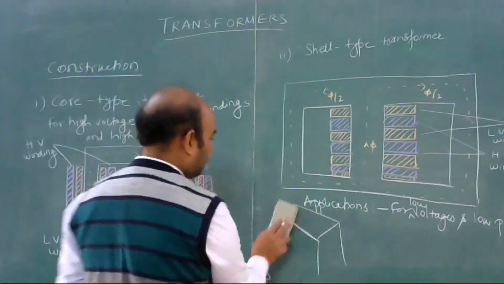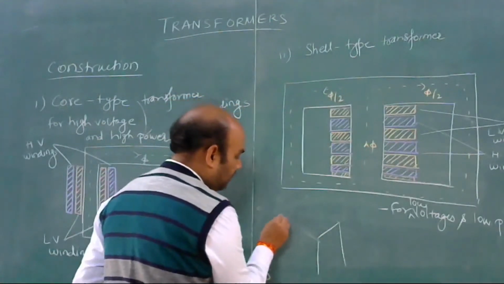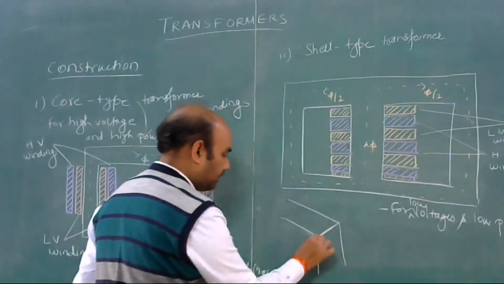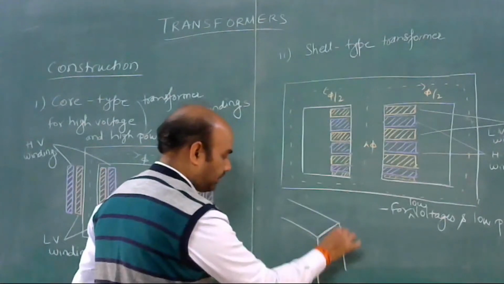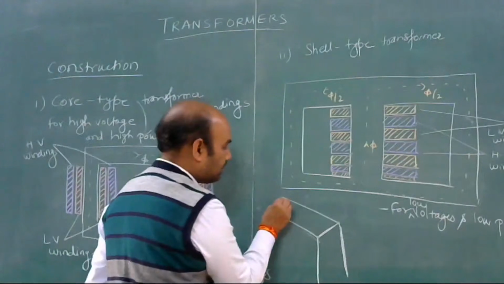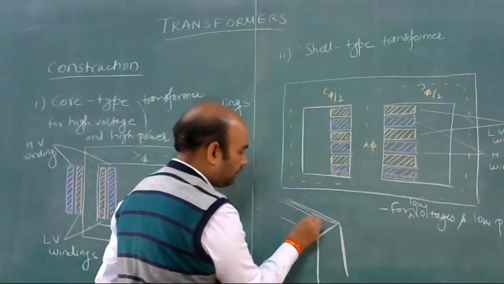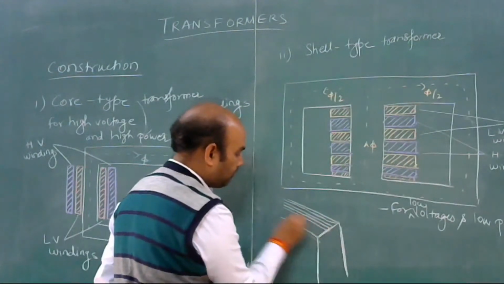This core is made of thin laminations of silicon steel like this. This is the part of the transformer that we are seeing, and it is made up of thin laminations like this.